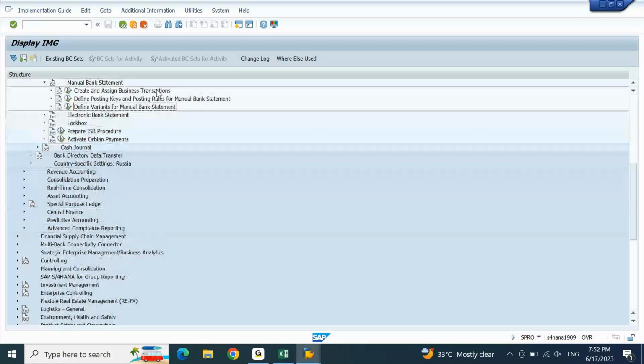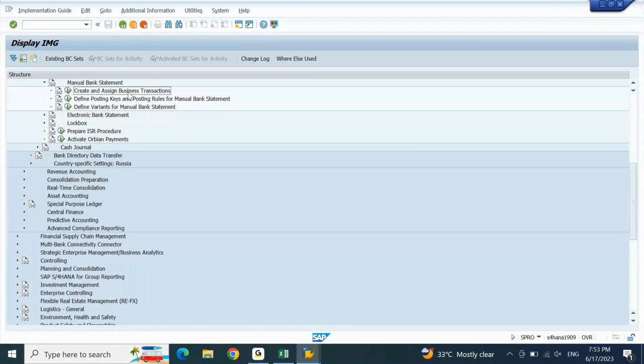I think so. Can you see this manual bank statement, below that 1, 2, 3? Is everybody able to see now? Okay, let me open the first one.